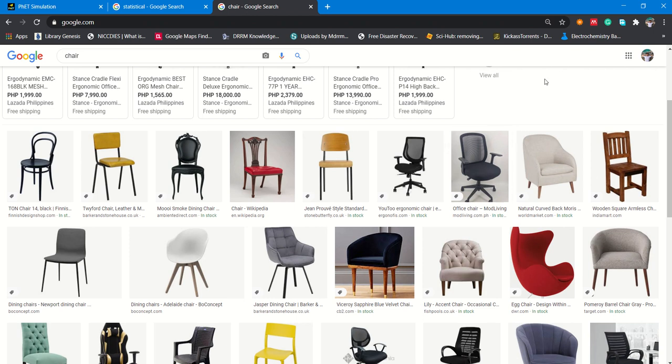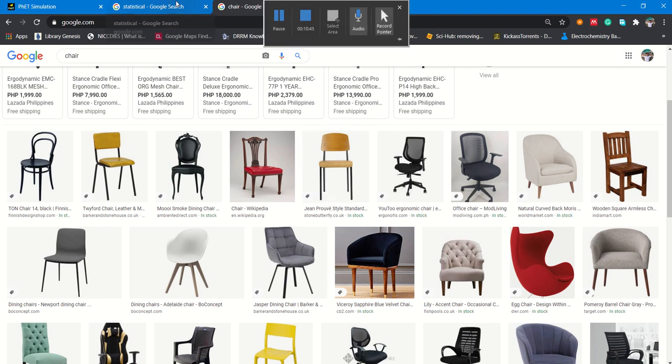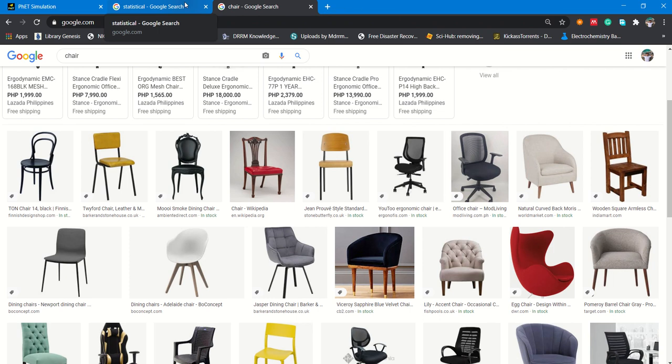For example, kapag sobrang taas ng chair mo, hindi siya ergonomically balanced sa table mo, sasakit yung kamay mo o sasakit yung leeg mo kapag nagtatrabaho ka. So, industrial engineers design products na ergonomically designed para hindi sumakit yung leeg mo o hindi sumakit yung likod mo. So, they use statistics for that one. So, they use DOE. One of their use, I mean, hindi naman yun ang ginagamit nila. Isa lang yun sa ginagamit nila.